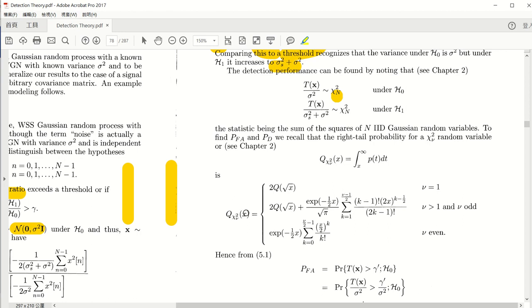Then for V larger than 1 and odd, it's 2Q of this thing plus exponent of this over square root of pi, then a summation over k from 1 to (V minus 1) over 2 of (k minus 1) factorial, x to the power k minus 1 over 2, over (2k minus 1) factorial.